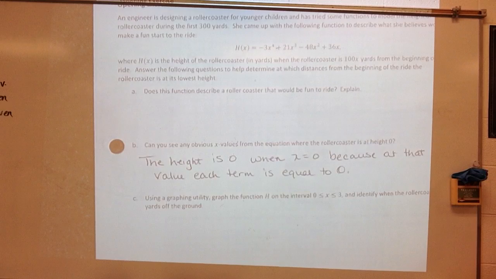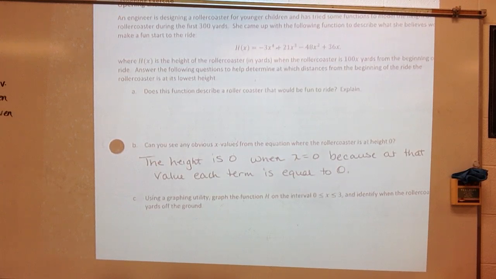So when I graph this, I need to talk about when x is greater than or equal to 0, but less than or equal to 3.